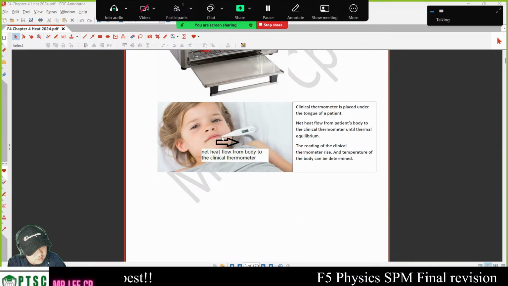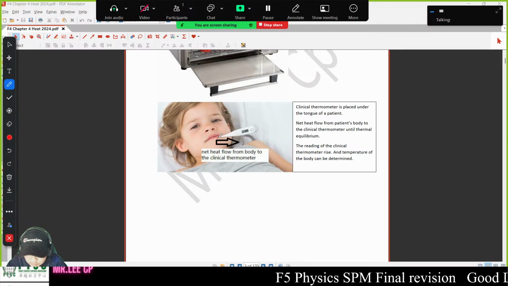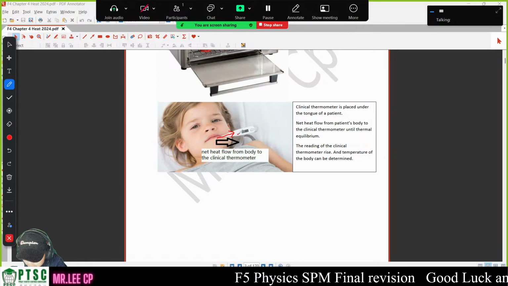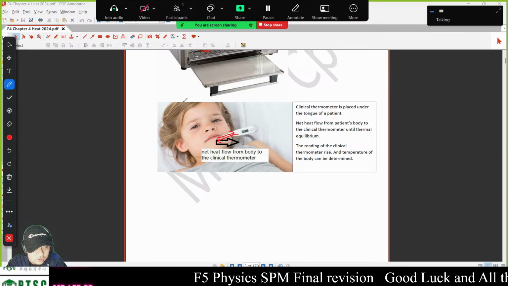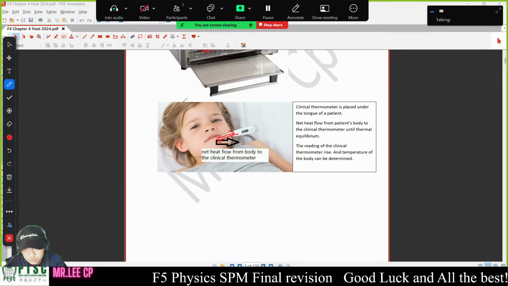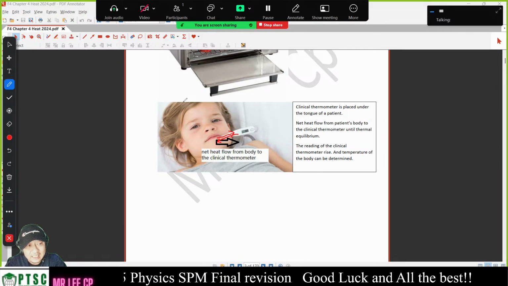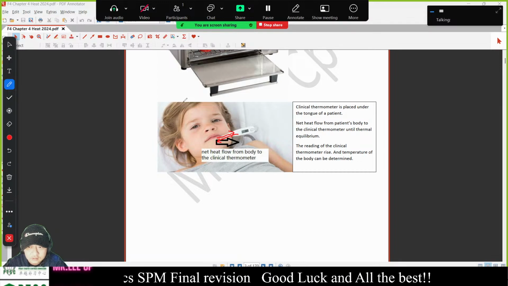Or the thermometer. Heat flows from the body to the thermometer, and then heat flows from the thermometer to the body. Because your body is hot, the heat flow from the body to the thermometer is fast, the rate is high, and the flow from the thermometer back to the body is slow.